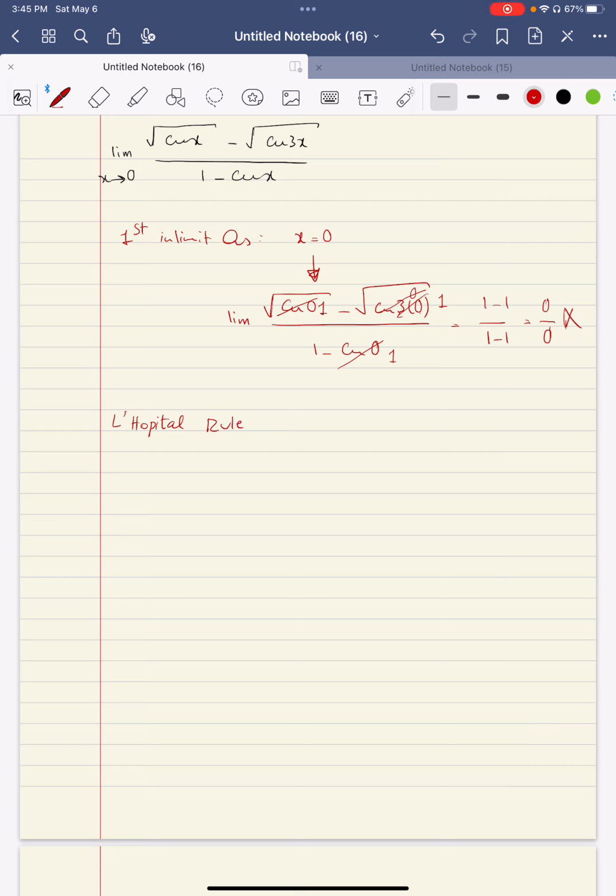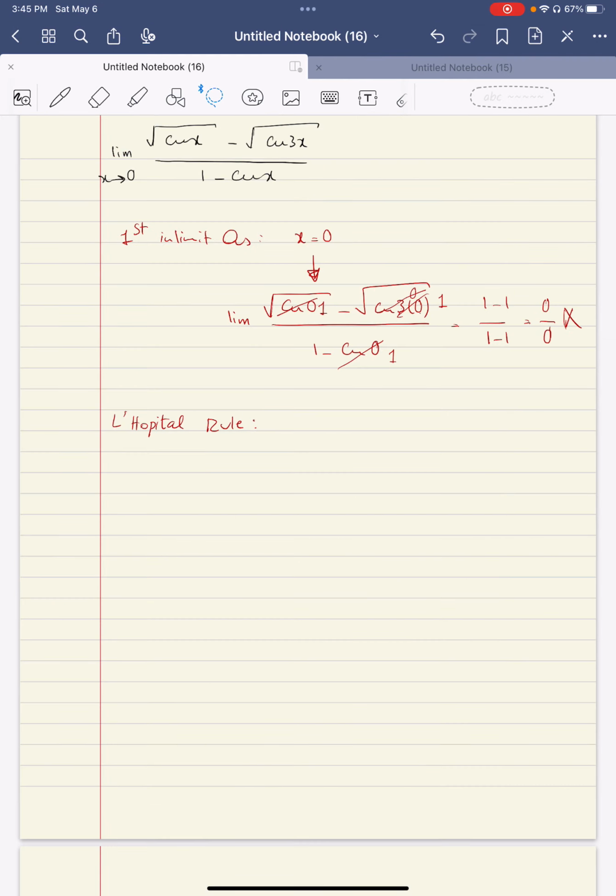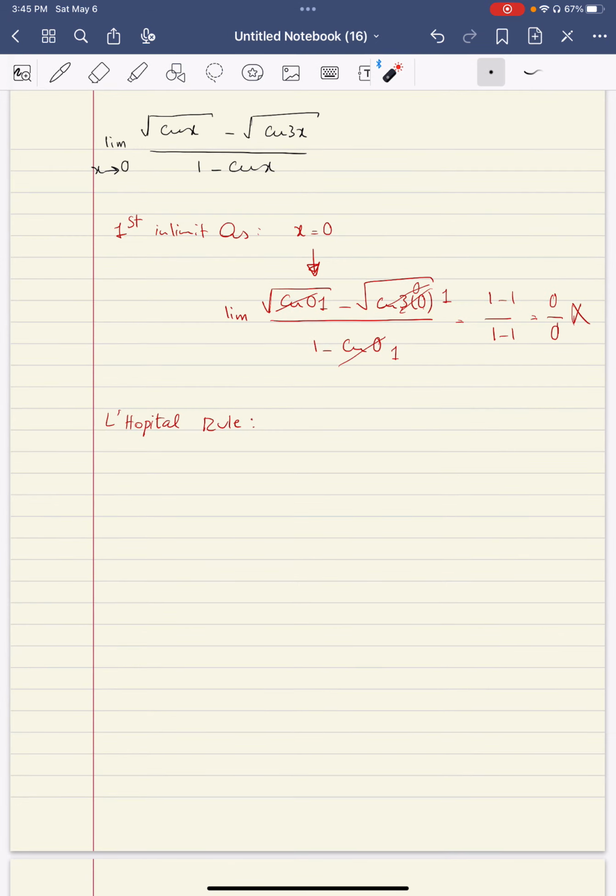So we have to actually apply the L'Hopital rule. I told you about the L'Hopital rule before. In limits, whenever you get 0 over 0, you have to apply the L'Hopital rule. So to apply the L'Hopital rule, we have to find the derivative of the numerator over the derivative of the denominator. This is the L'Hopital rule.